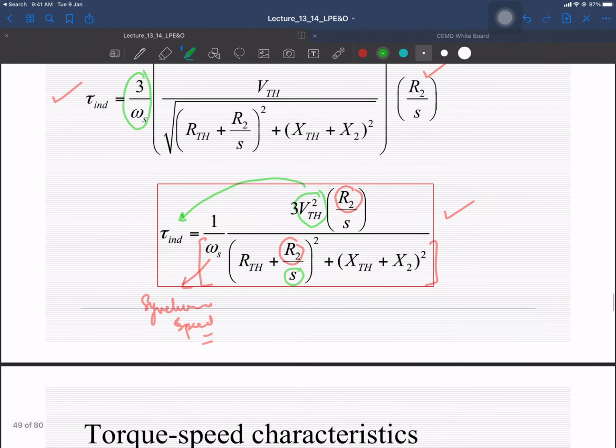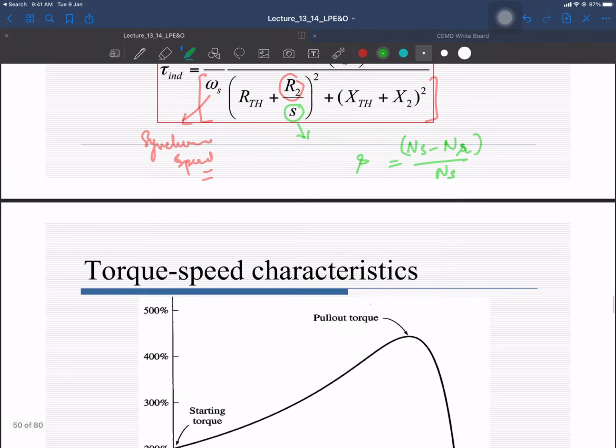So if we sketch this torque speed curve, keeping all the parameters constant, only we keep the slip as a variable, and slip, as you know, is based upon the stator and the rotor speed, ns minus nr divided by ns, that gives you the slip speed, or simply the slip. This is the slip speed, and ns minus nr divided by ns will give you the slip.